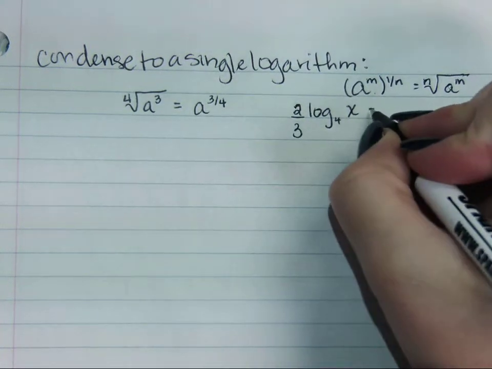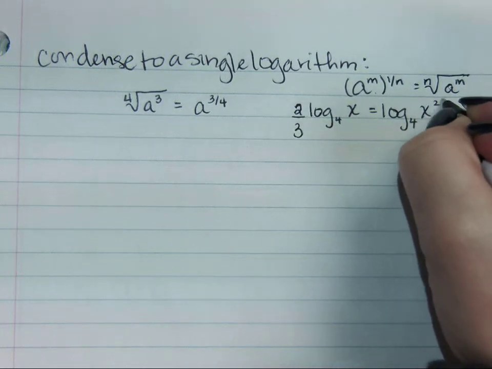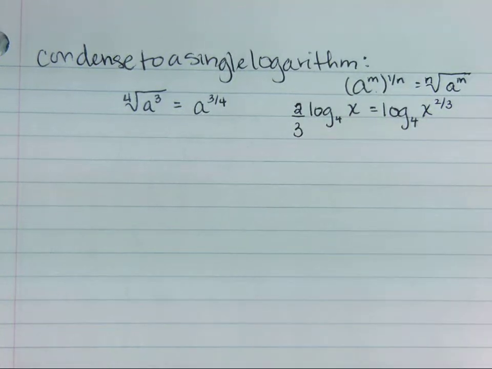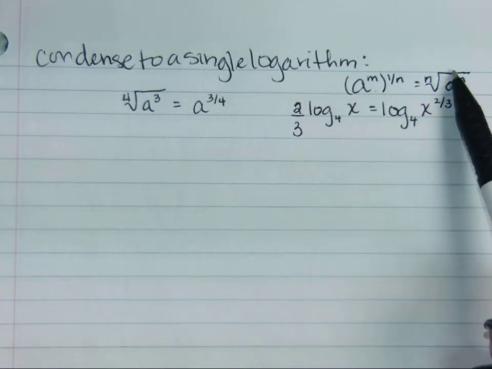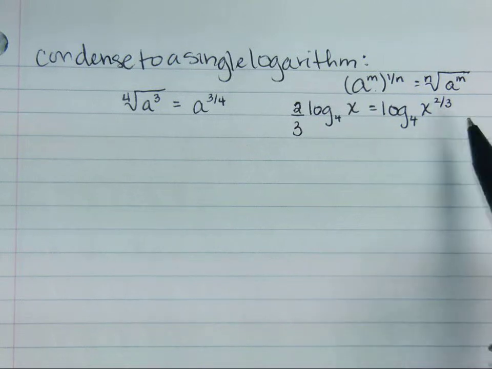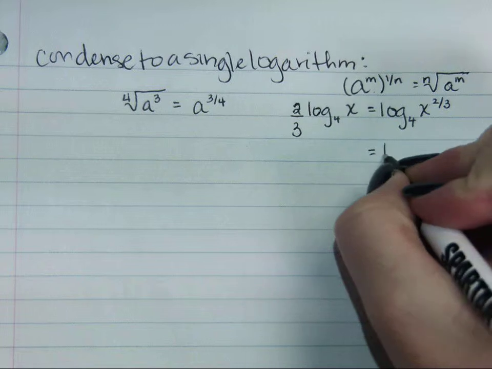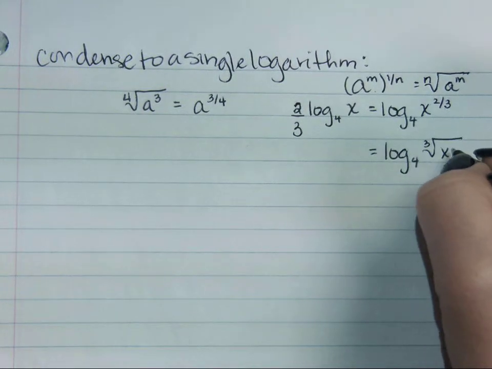And so our first step is going to be to put that power on that base and then move backwards to something like this. So again, the numerator is going to stay attached to the base, and this denominator is going to be our root. And so that's going to give us log base 4 of the cubed root of x squared.